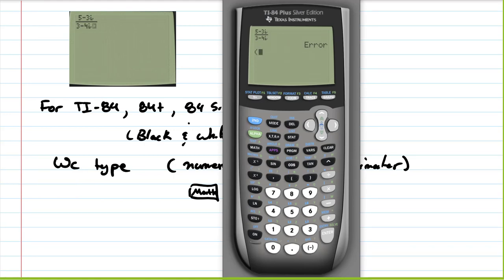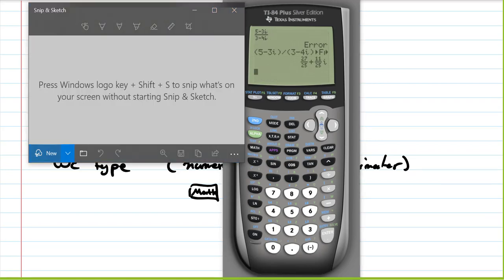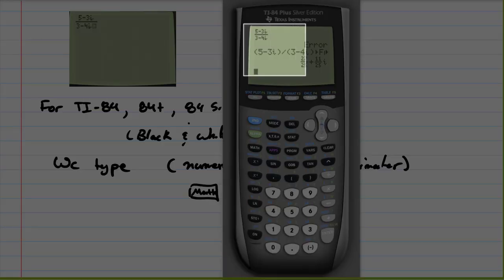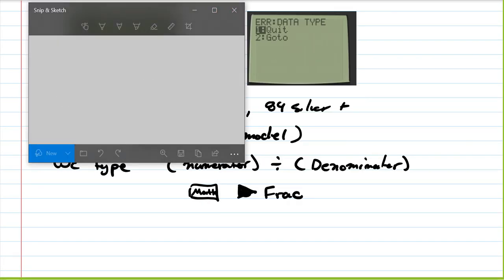We go parenthesis, and we put our numerator, so 5 minus 3i, close our parenthesis, we press our divide key, parenthesis, 3 minus 4i, close our parenthesis, we press our math key, and we choose choice number 1 that says fraction, and we press enter, and we should end up with this.